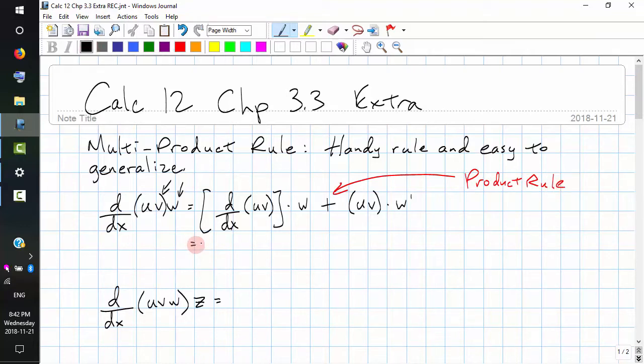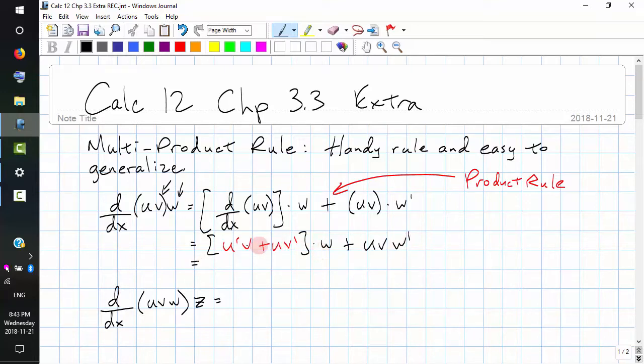Now we're going to substitute. Product rule of uv is u prime v plus uv prime. And then we're still multiplying by w. And we can just remove the brackets for this multiplication, uv w prime.